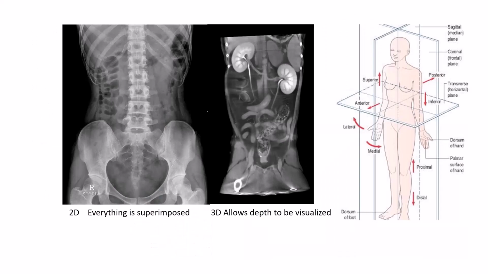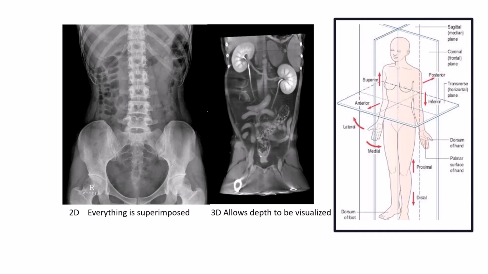Now let's get back to the difference between a 2D image and a 3D image. A 2D image only shows us the height and width. A 3D image allows us to incorporate the depth. So we're looking at data in 3 dimensions instead of 2. So we're recording all of the data in the axial, sagittal, and coronal plane of the patient, and not just 2-dimensional information.